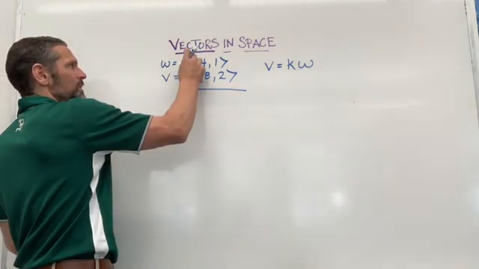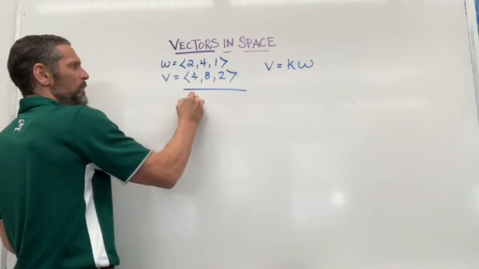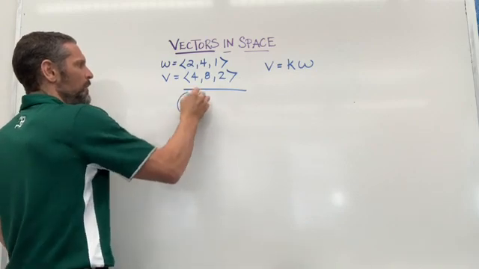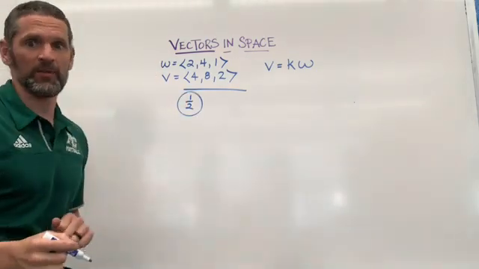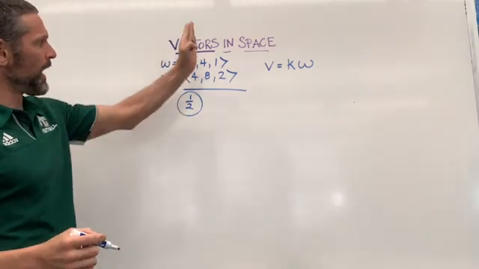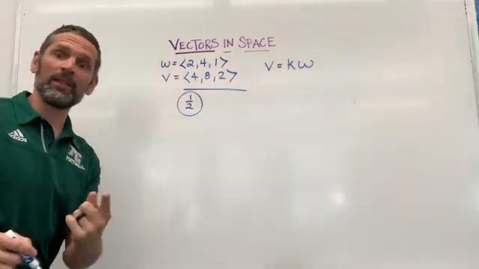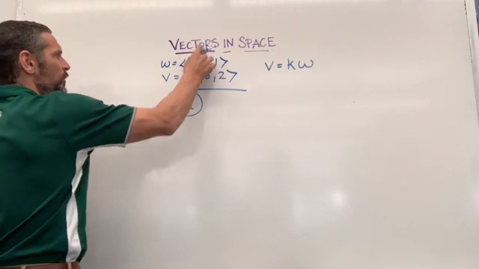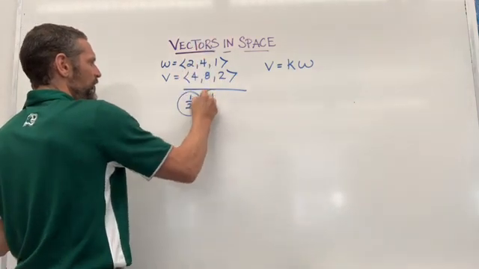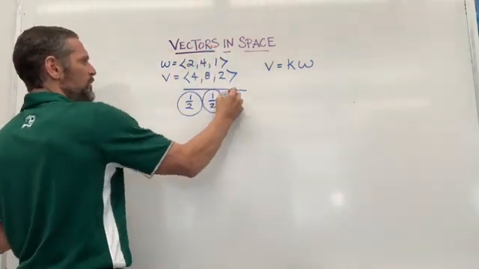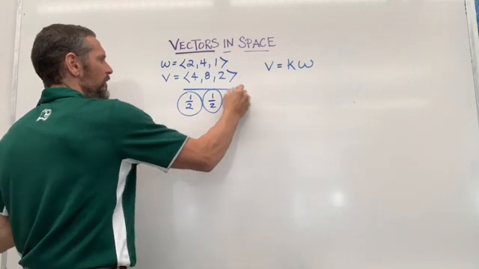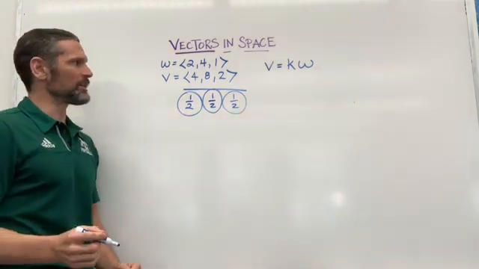Just take x component divided by x component. 2 divided by 4 is 1/2, almost like you're playing a slot machine in Las Vegas. If it comes up 1/2, 1/2, 1/2, then the vectors are parallel. 4 divided by 8 is 1/2, I'm feeling lucky, and 1/2 is also 1/2. So that is our constant.